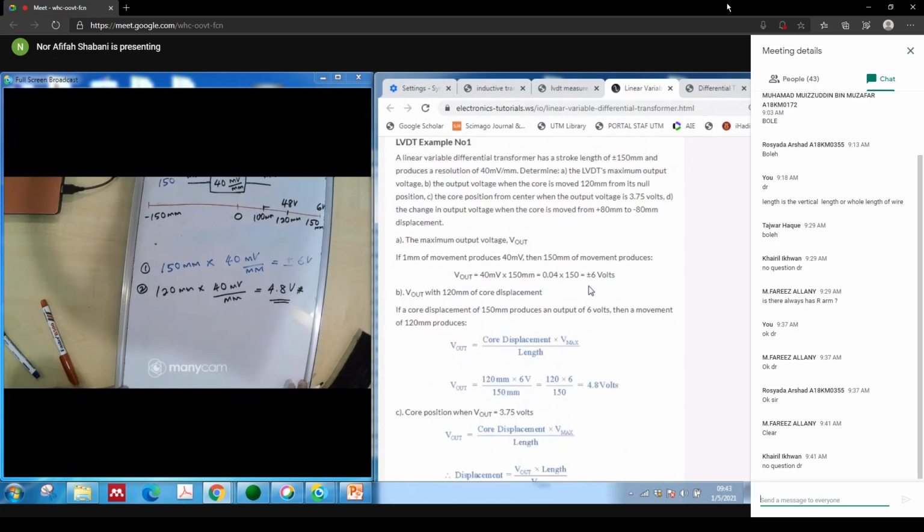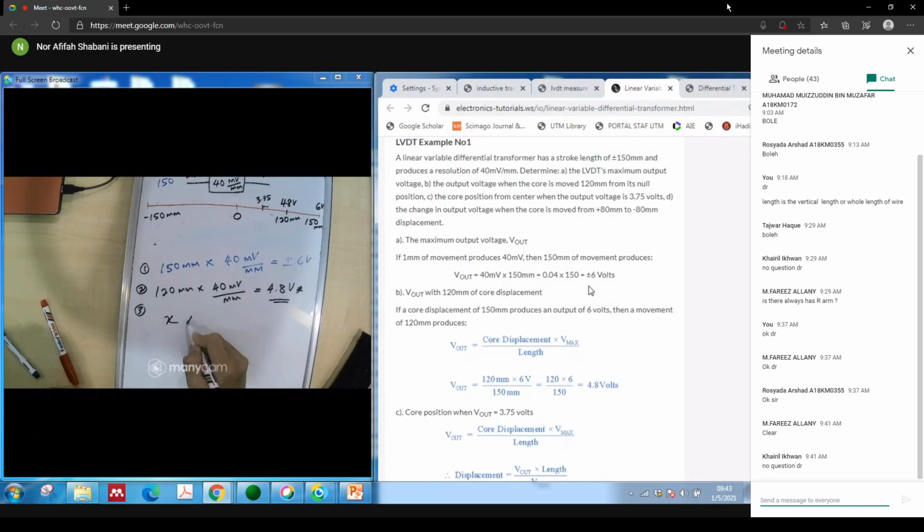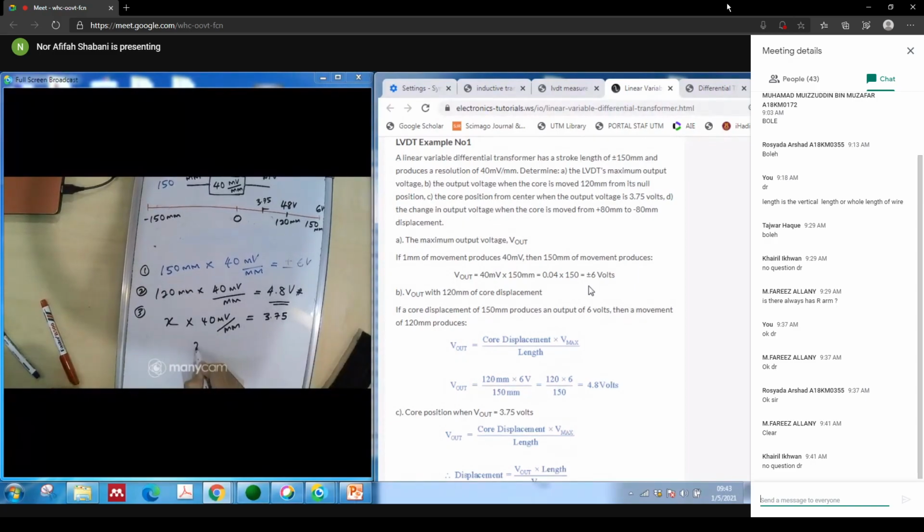So now you're going to find number 3, the core position. At which position will it produce 3.75 volt? This one is quite simple. So X times 40 millivolt per millimeter is equal to 3.75, and then you can get your X. This means 3.75 divided by 40.